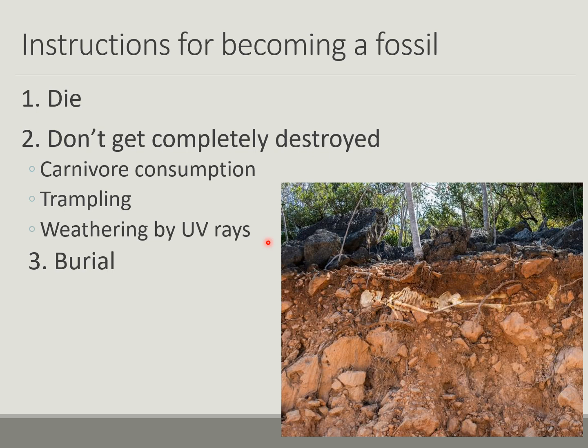And so if an ecosystem is working efficiently, and there's no waste, all that bone basically gets destroyed and recycled and gets input back into the system. It's just not locked up in these bones. So carnivore consumption, right? These carnivores are consuming these minerals. Trampling breaks it up into smaller bits, and maybe then it can make its way into the soil. Same with weathering by UV rays.